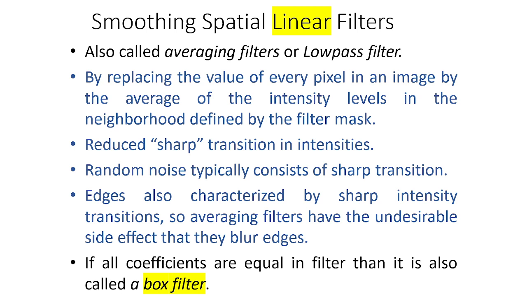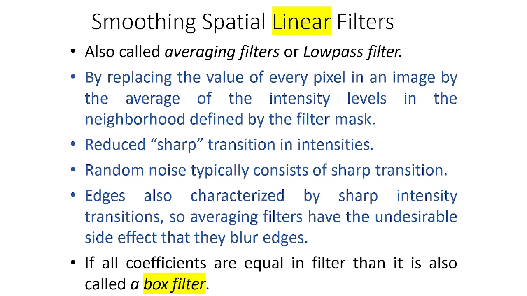If it is a smoothening filter, we can also call it a low pass filter or average filter. What is the result of this low pass filter? It reduces sharp transitions in the intensities. For example, if all the pixels in the neighborhood have the same value, but one pixel has a very different value, we call that a sharp transition, and it will be reduced by using this filter.